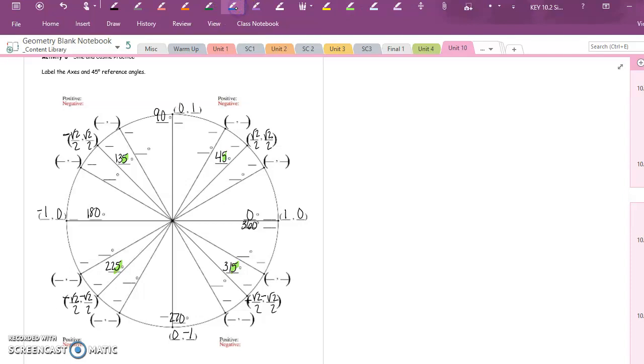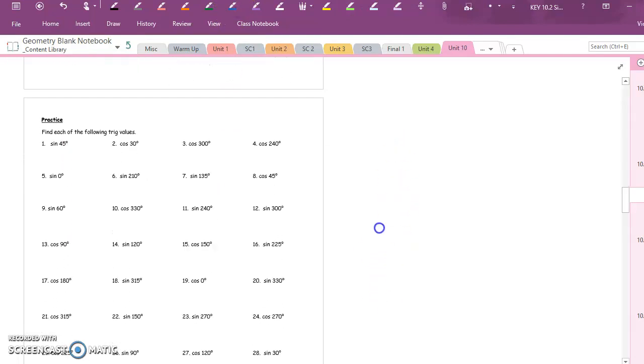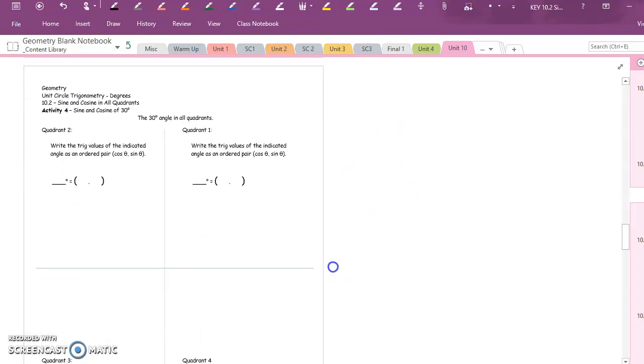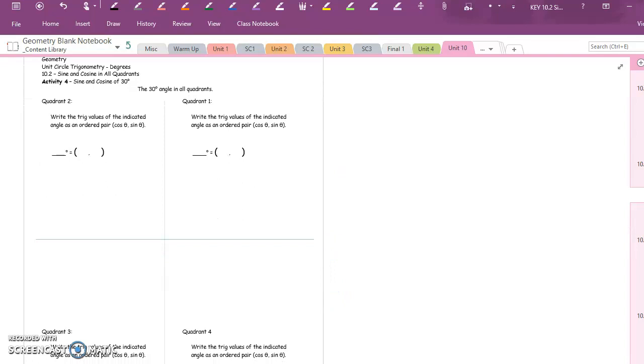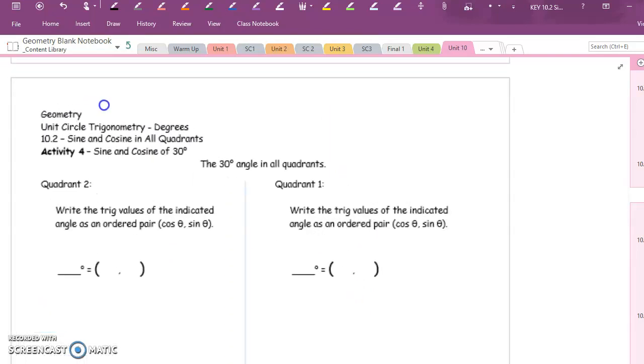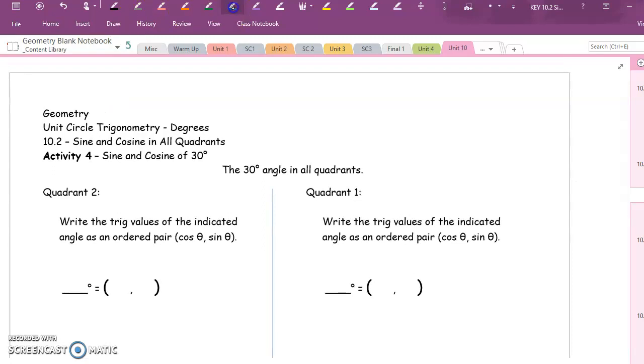Now let's scroll on down and take a look at 30 degrees in all quadrants. So if I take a look at my left hand and I put down my ring finger, we know that everything has a denominator of 2.